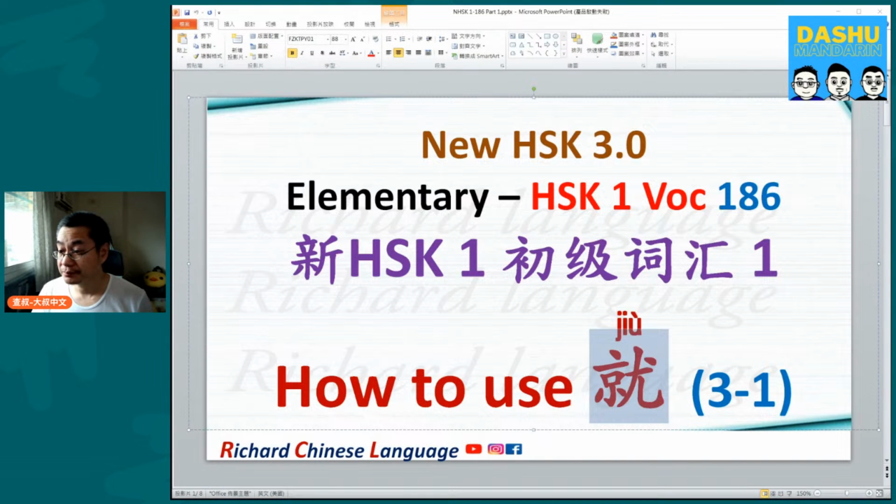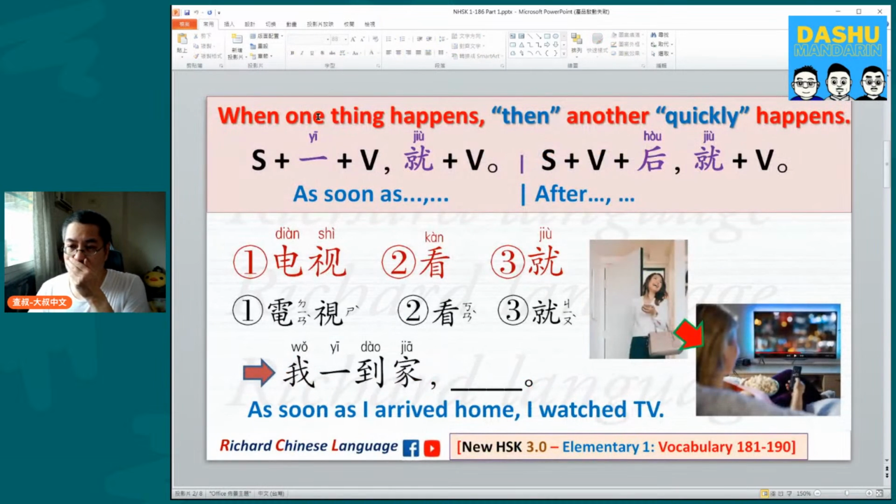Okay, so let's see. When we use 就, sometimes we use it when one thing happens and then another thing quickly happens. So oftentimes we use 就 for some specific sentence structures.